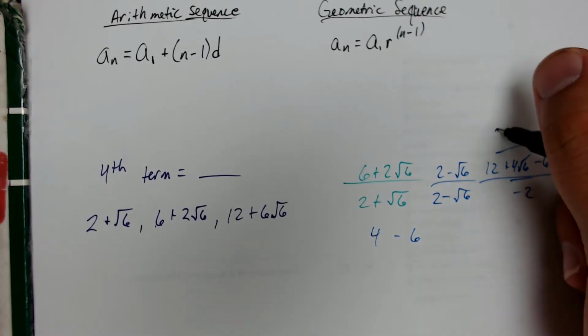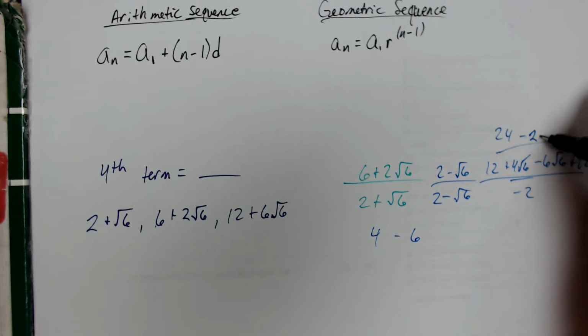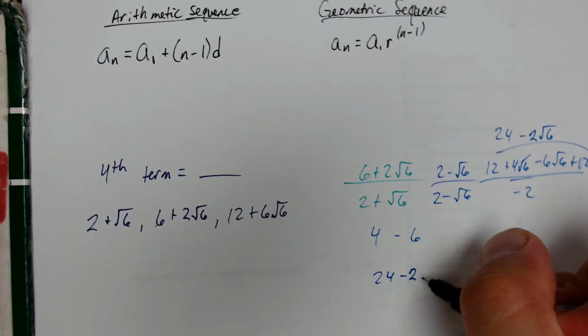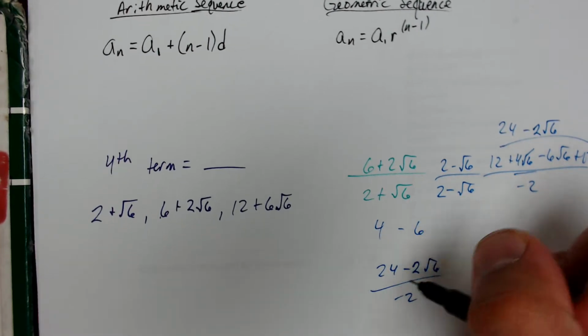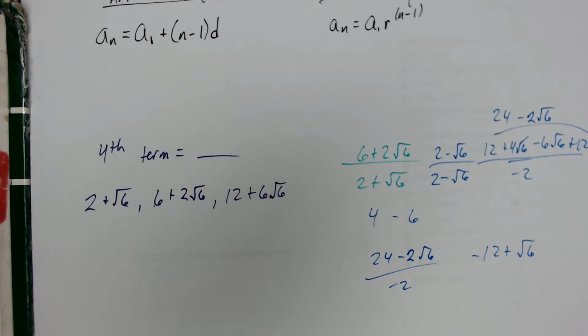So that's going to become 24. Wait, was it plus 12? No, it was plus 12. Okay, so that's going to be 24, and then negative 2 root 6 over negative 2. If I take 24 minus 2 root 6 over negative 2 and divide, that's going to become negative 12 plus root 6.